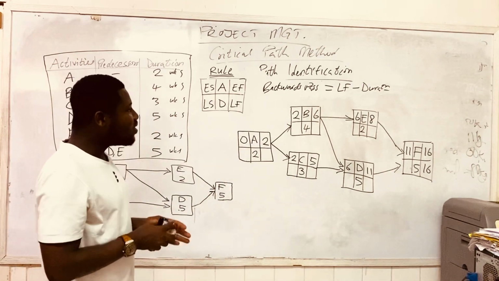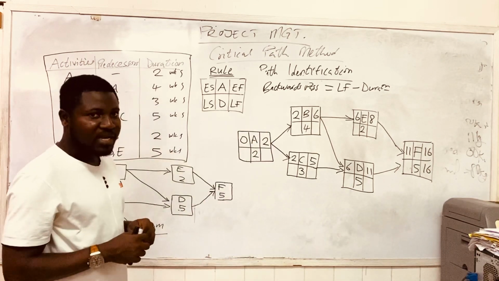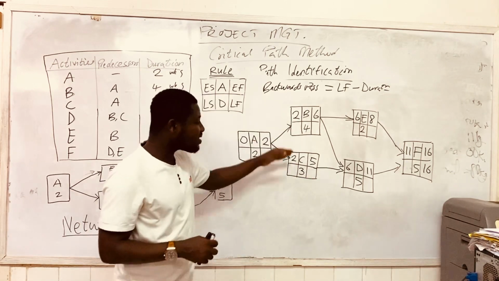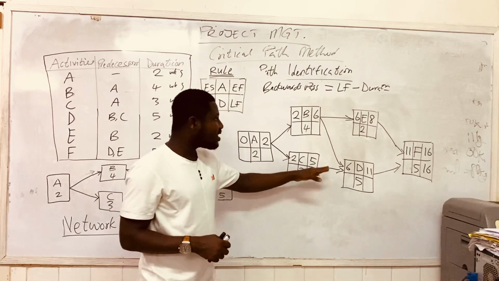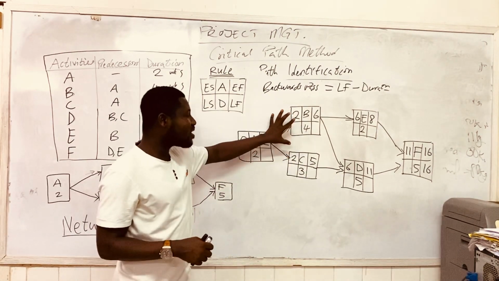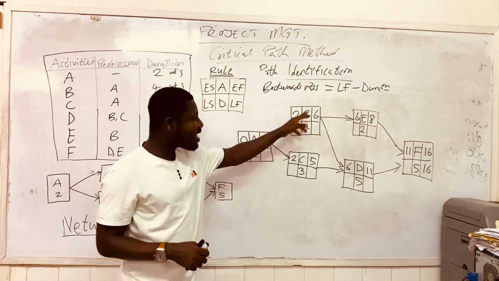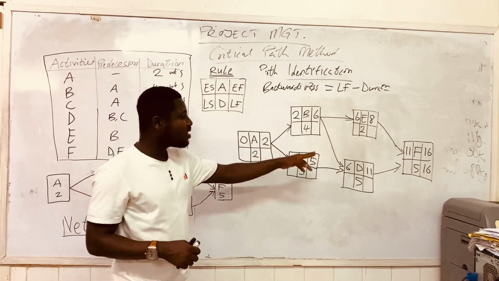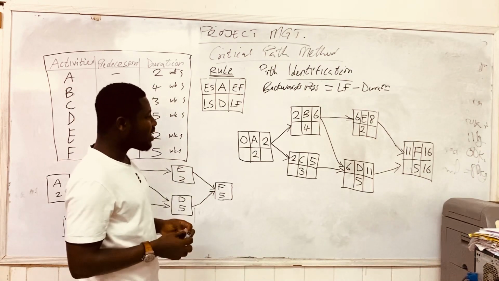And so when we were working on the forward pass, we realized that if one activity is waiting for two activities, the predecessors, to both complete before it can start, we use the highest EF of those two predecessors to be the ES, which is the earliest start time for the particular activity.